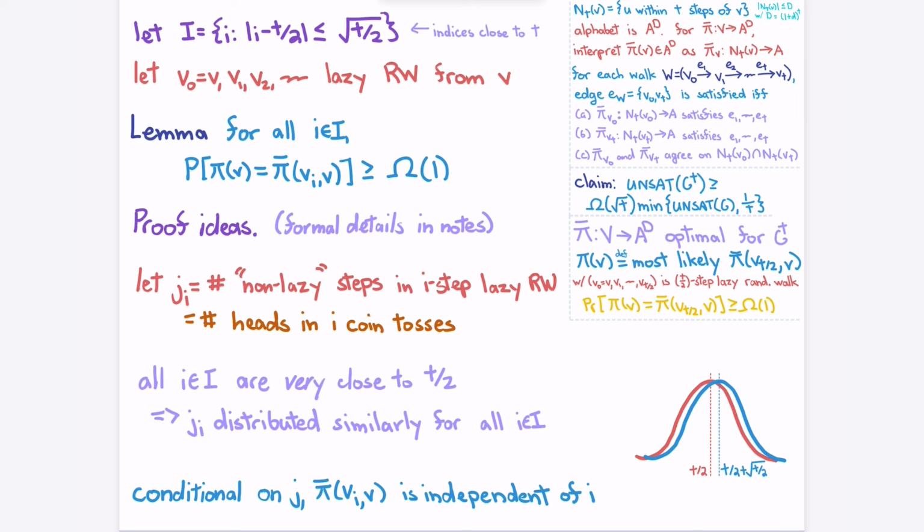So now think about t over 2 minus 1 versus t over 2 plus 1, and do the second version where you find out how many real steps you take first. That distribution is going to be really similar. There's not a big difference between flipping 100 and 101 coins and seeing how many come up heads.